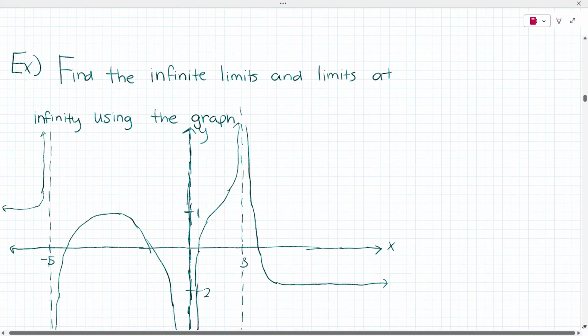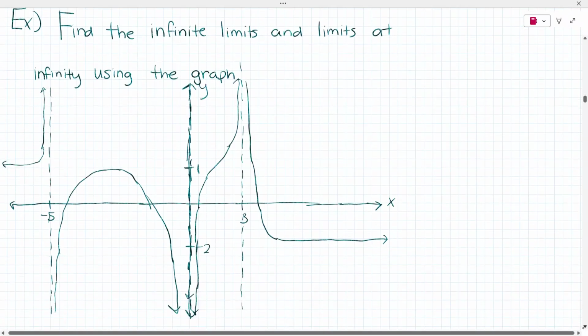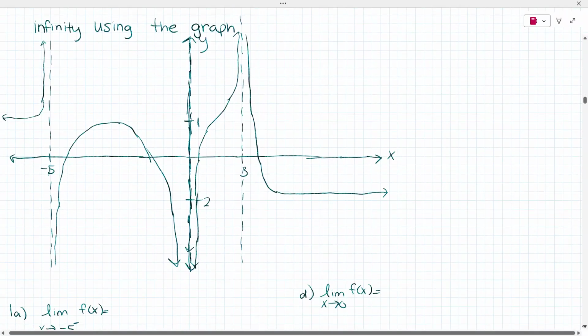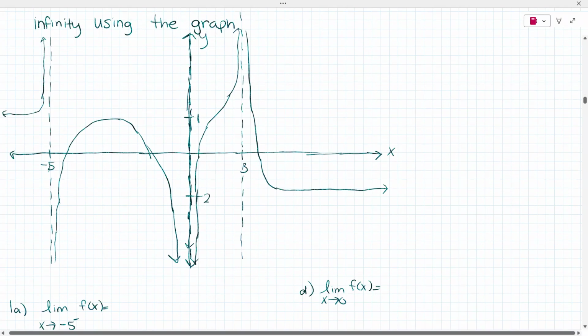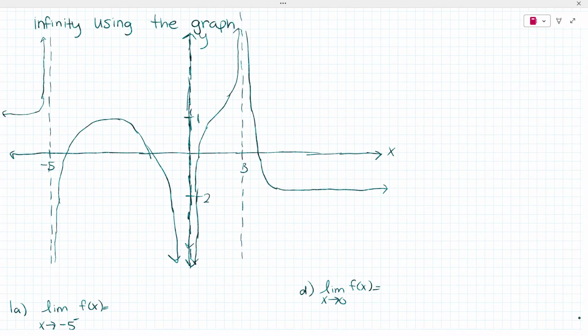Okay, so find the infinite limits and limits at infinity using this graph. Part A says, what is the limit as x approaches -5 from the left? Here's -5, and we're focusing on the left, so this side. As you can see, the y value shoots up to positive infinity.